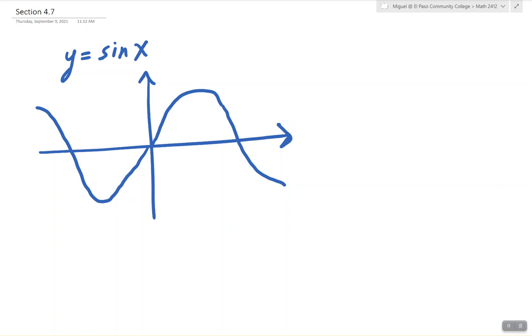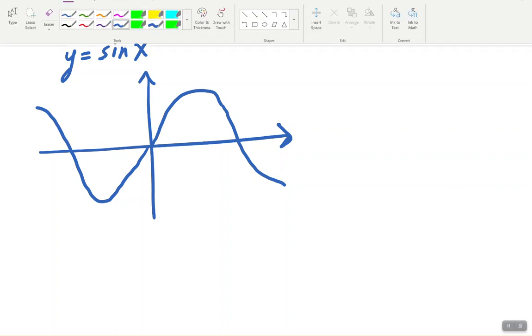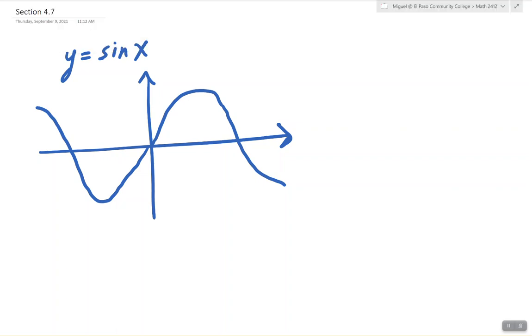But what we can do is just use a piece of this. So if I use from here to here, so from a minimum to a maximum, that way the whole range for the graph is included, because this is as low as it's going to get anywhere in the graph, and this is as high as it's going to get.